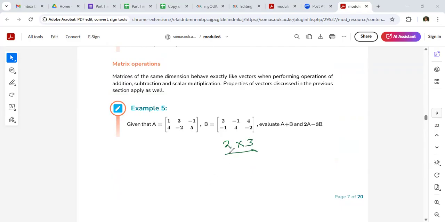The general index for a row is I. In this case, I is equal to 1 or 2, because there are two rows. J is equal to 1, 2, or 3. That would be the index for the columns.